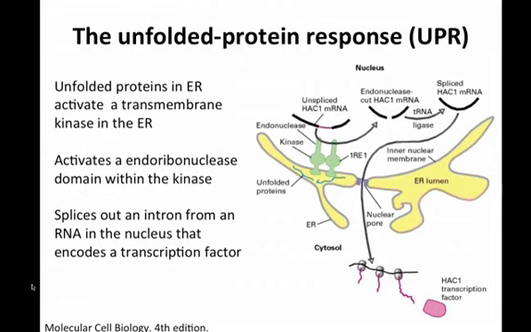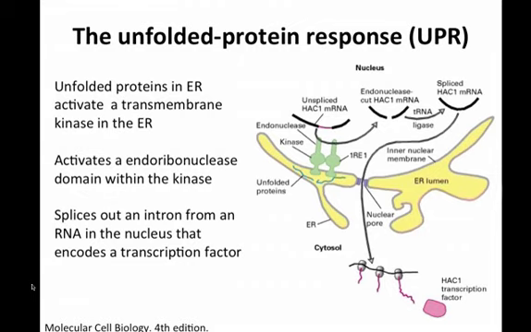Endoribonuclease. Okay, so it's cleaving out a section of RNA. And what it's doing is splicing out an intron from a preformed RNA precursor. So you've got this unspliced RNA hanging out, and then the endonuclease cleaves that out, and then the exons are ligated together, and the mRNA is now spliced, and it can leave the nucleus and be translated to make this transcription factor called HAC1.